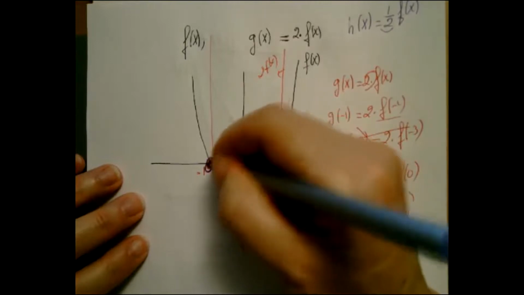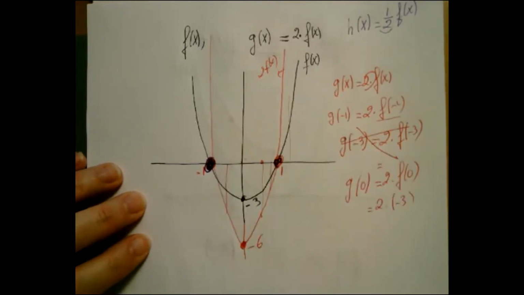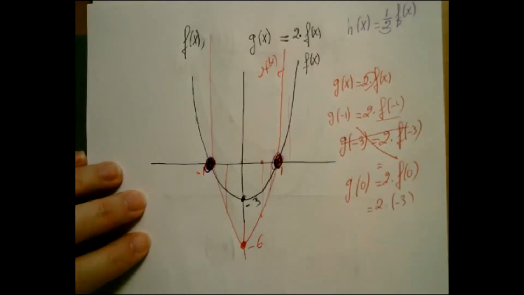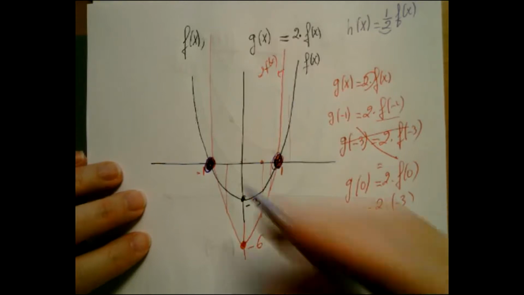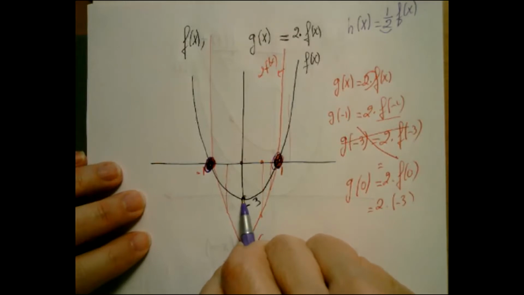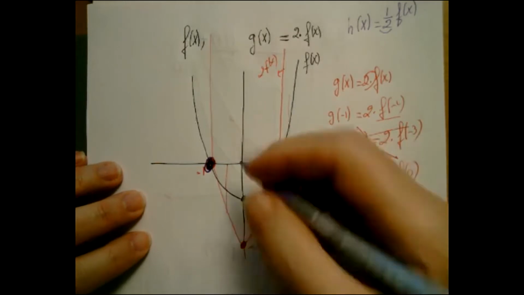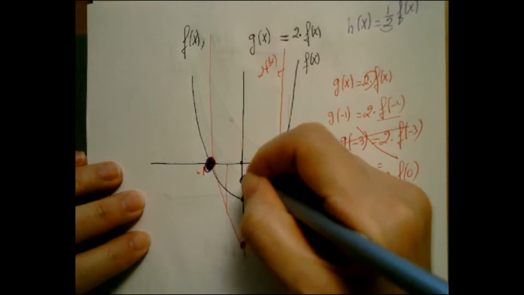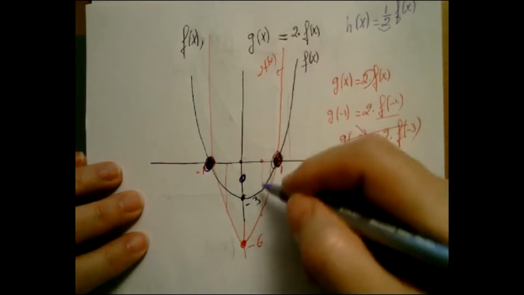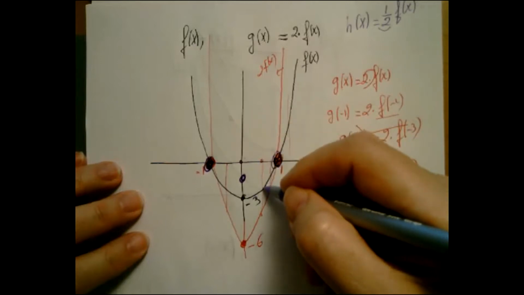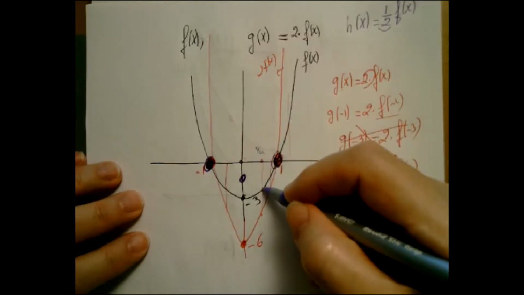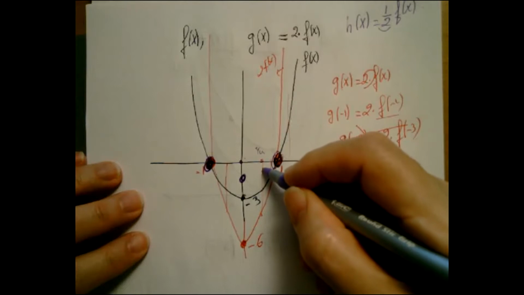H at minus 1: f is 0, h will stay 0. At 1, f is 0, h will stay 0. What about at 0? F takes minus 3, and h is half of that, so minus 3 halves is going to go right there. If I take any point, let us say this is a point where f takes this value, h is going to take half of this.